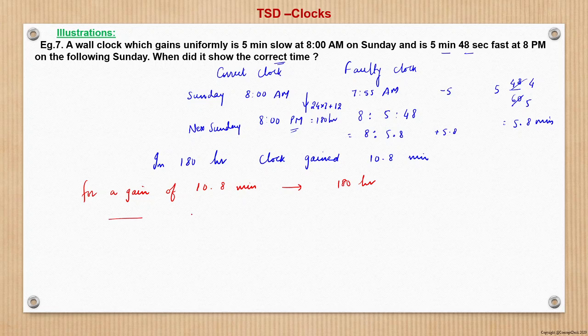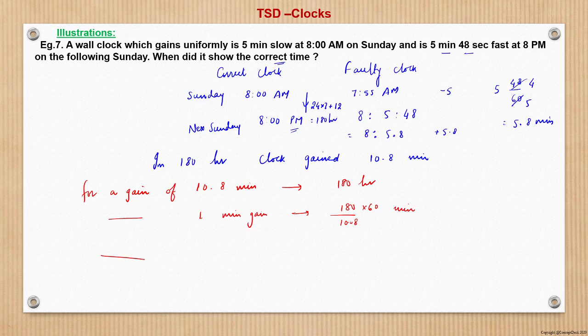So for a 1 minute gain, the clock will take 180 upon 10.8. Now see, here it is minutes, here it is hours. So basically we will convert everything to minutes, or we can leave it in hours also, not an issue.